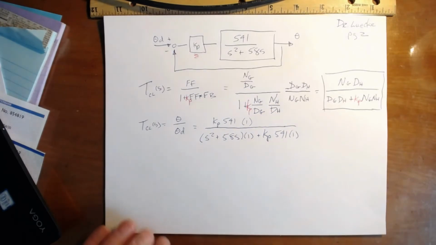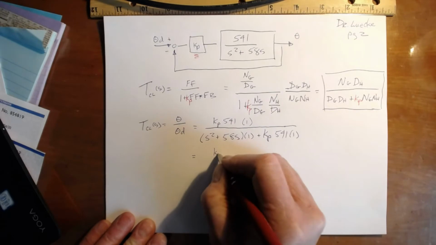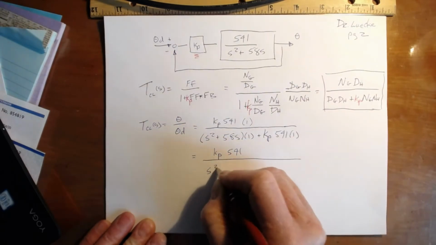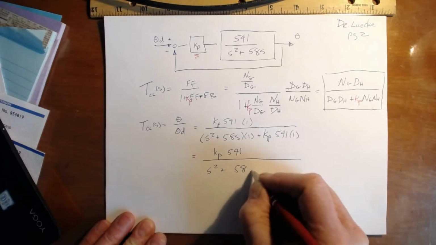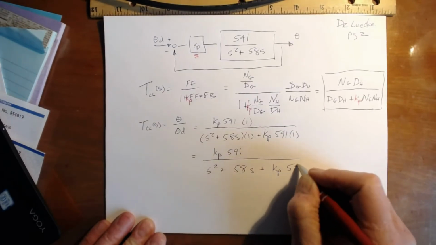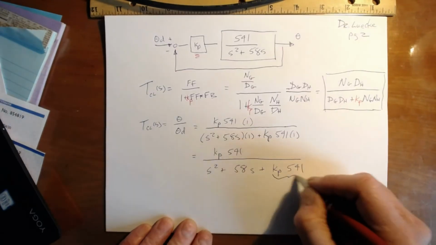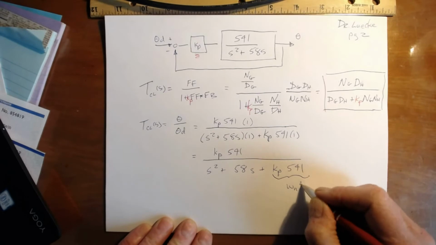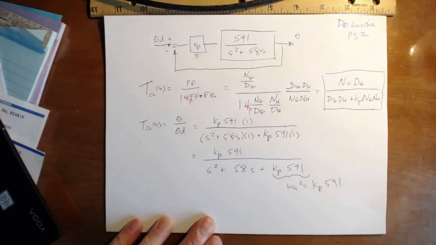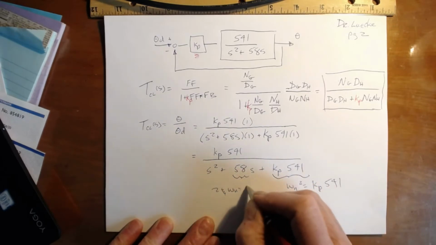So now I can look at this as a little bit different. This is Kp times 541 over S squared plus 58S plus Kp times 541. So here is my closed loop transfer function. I can always look at omega n squared is equal to Kp times 541. I can look at 2 zeta omega n is equal to 58.